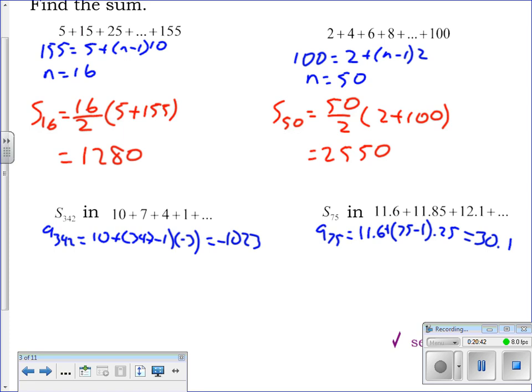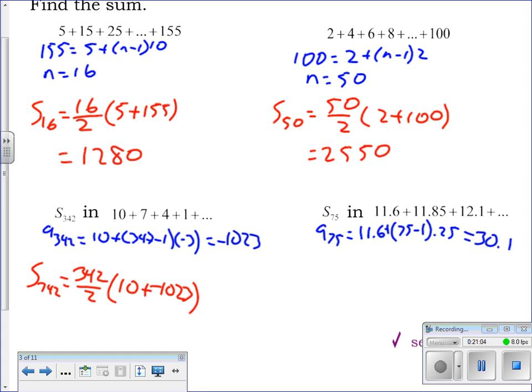The next one, I haven't figured out what the last term was. So I find the sum of the first 342 terms is 342 divided by 2 times 10 plus negative 1,023.